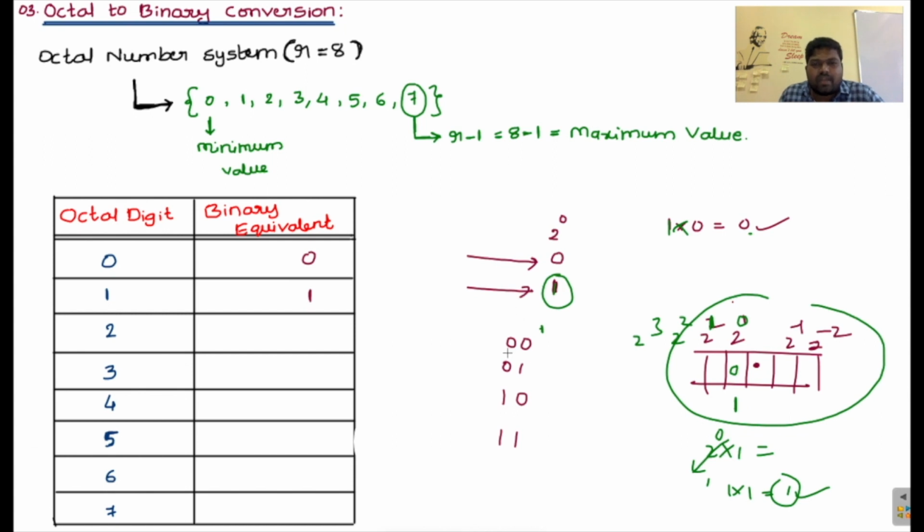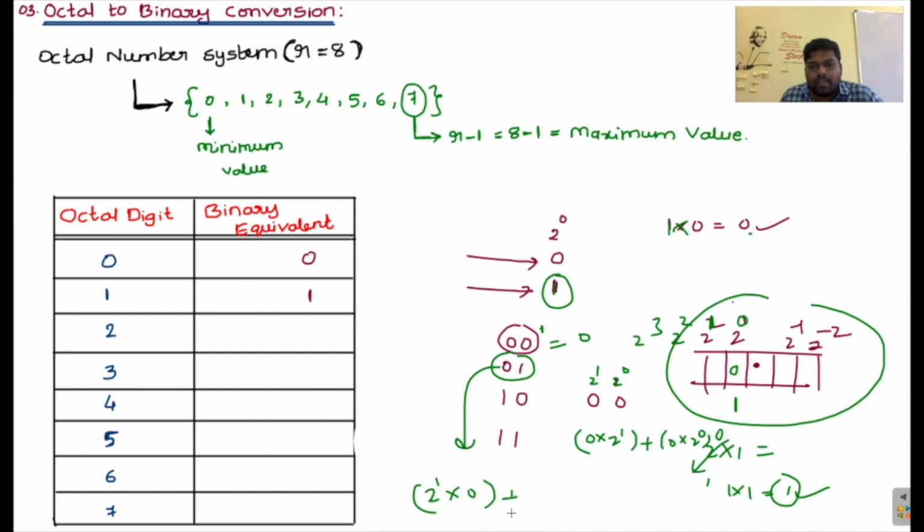First of all I will take 0 0. If you apply the positional weight system, 2 power 1 and 2 power 0, then 0 into 2 power 1 plus 0 into 2 power 0 means obviously you will get 0 only. Next case 0 and 1: 2 power 1 into 0 plus 2 power 0 into 1. So this part is 0 and 2 power 0 means 1, so you will get 1 here.